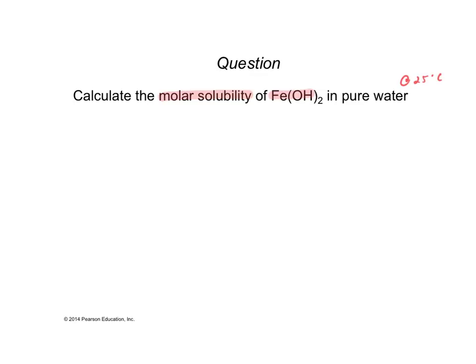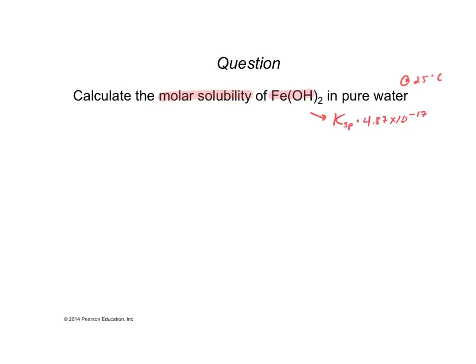One of the early steps in solving a problem like this would be to look up, in the appendix or in the table a few slides ago, the Ksp value for iron hydroxide, iron 2 hydroxide, and I just did that. The Ksp is equal to 4.87 times 10 to the minus 17.